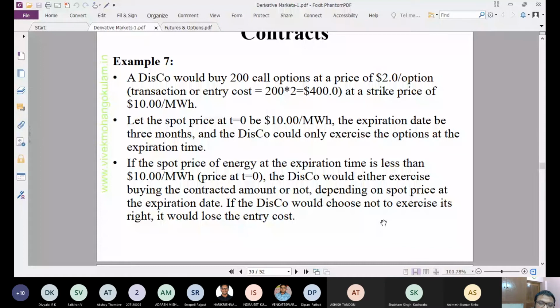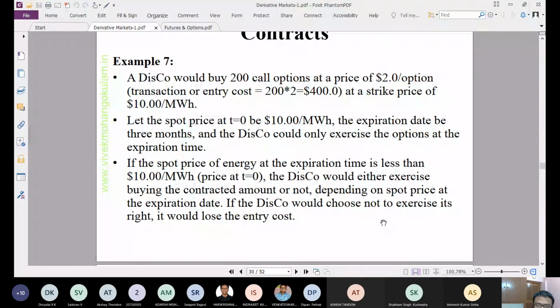In the contract, the strike price is $10 per megawatt hour and he is a buyer, but the actual price is $8 per megawatt hour. So the intrinsic value, the asset value, is only $8 per megawatt hour, but if he wants to buy it, he has to give $10 per megawatt hour, right?